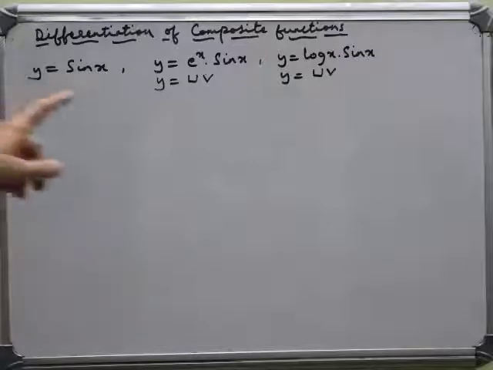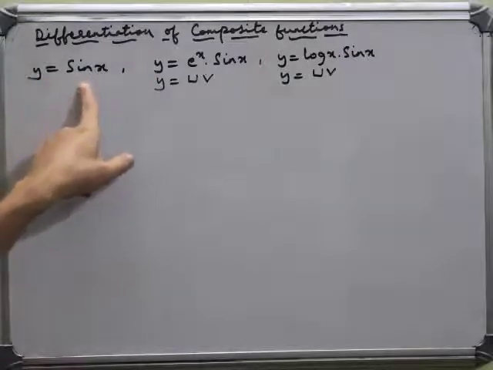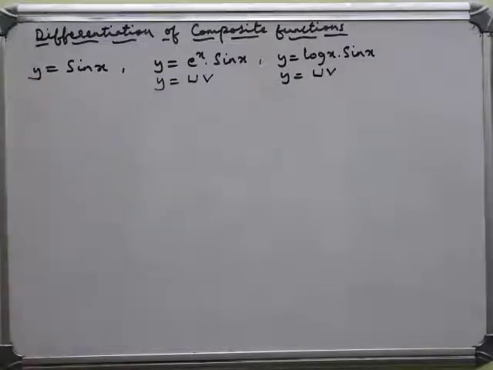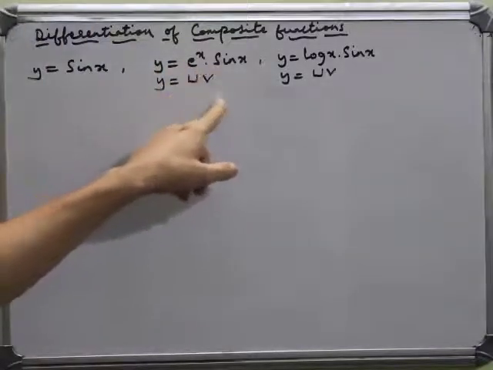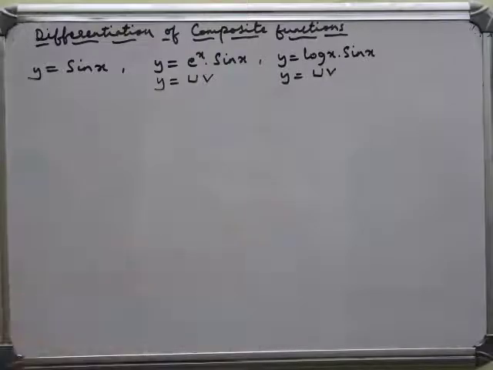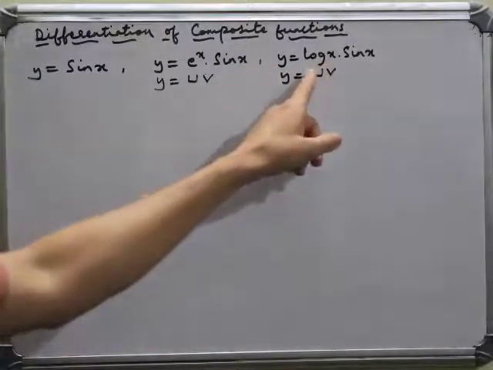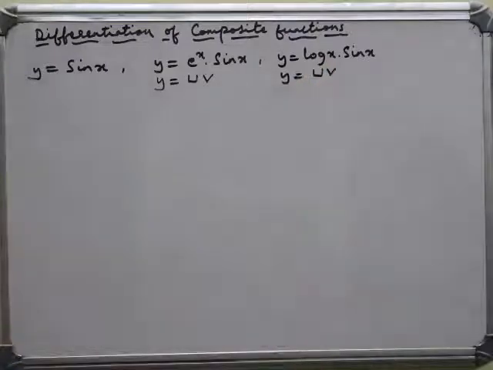Y is equal to sin x, derivative of sin x is cos x. We already know this, we have discussed the formulas also. Y is equal to e raised to x into sin x, use the product rule, u into dv by dx plus v into du by dx. Same thing goes with y is equal to log x into sin x. Okay. So these are plain functions.